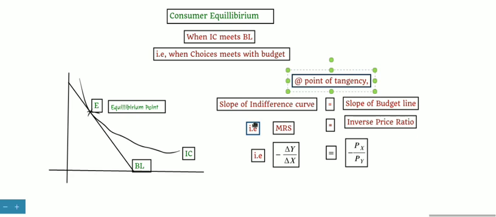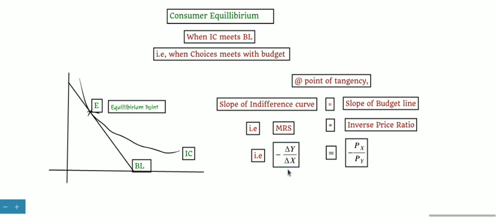That is, the slope of the indifference curve is the marginal rate of substitution, and the slope of the budget line is the inverse price ratio. These two should be equal, or we can write it as minus delta y by delta x equal to minus px divided by py. That is the inverse price ratio. Here the x will be in the upper portion, so that is why it is called the inverse price ratio.